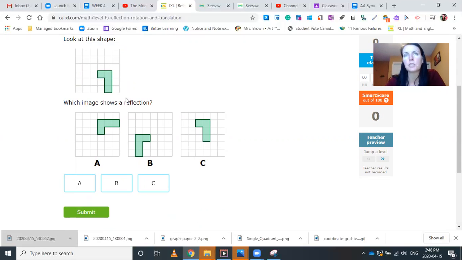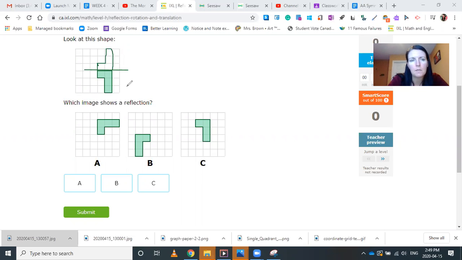Thinking again, reflection is when you are mirror image, it flips. So it could flip on any side. Like you could, let me just start drawing here a little bit for you. You could flip along this line here and he could go straight up, okay? And if I were to do that, it would look something like this. All right, it would go straight up right like that.